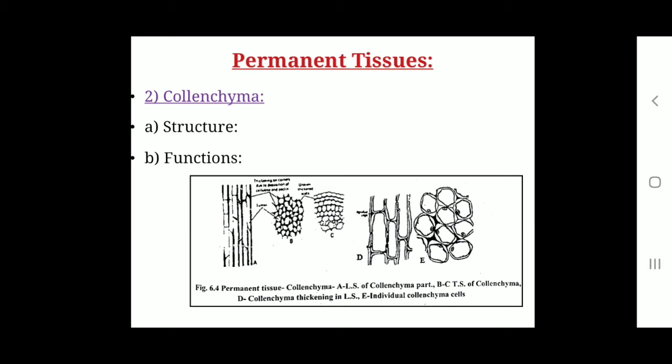Then functions of parenchyma. The parenchymatous cell sometimes contains chloroplast within, hence it is known as chlorenchyma. It performs the function of photosynthesis. Second, it performs the function of food manufacture. In aquatic plants, the air cavities are present in between the cells. These parenchymatous tissues are called aerenchyma.